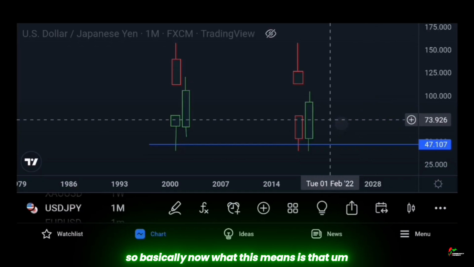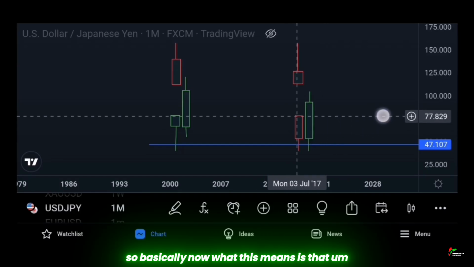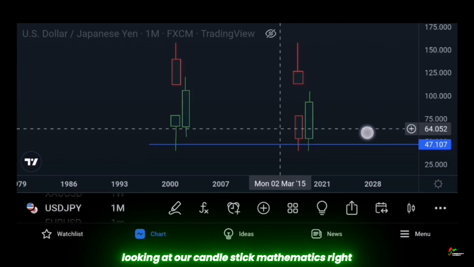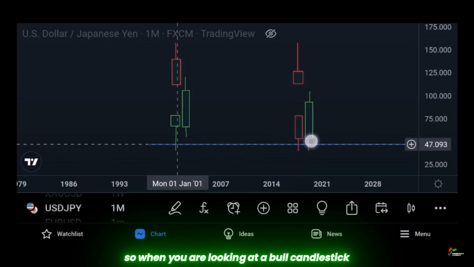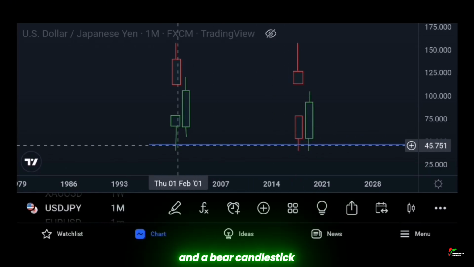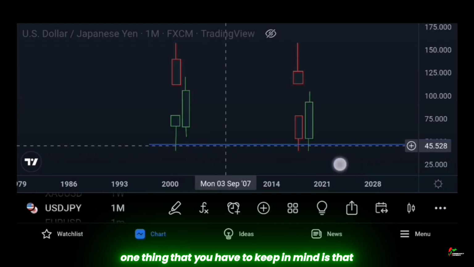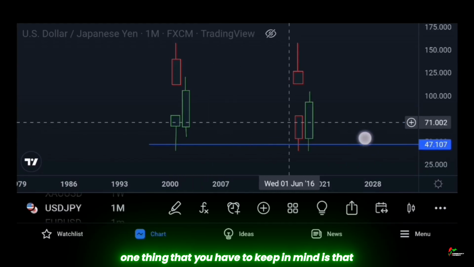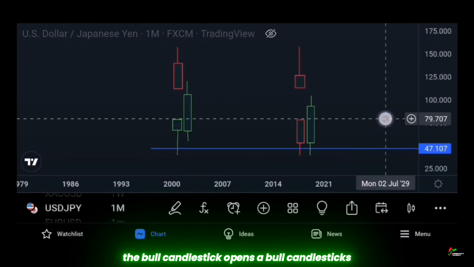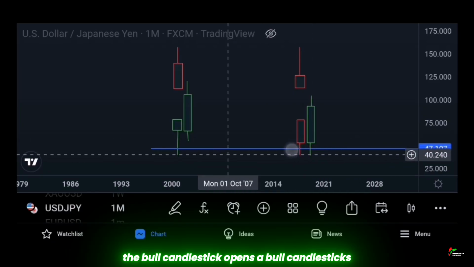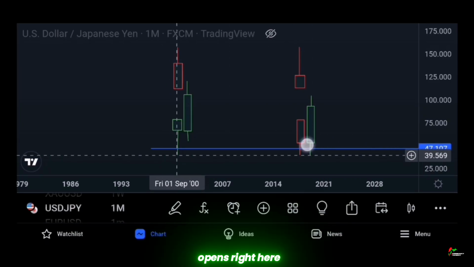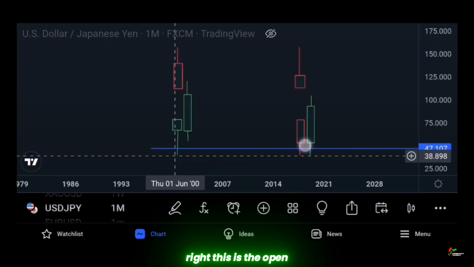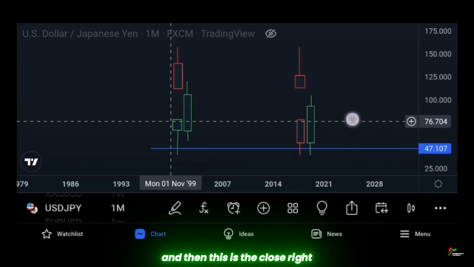Now what this means is, looking at our candlestick mathematics, when you're looking at a bull candlestick and a bear candlestick, one thing you have to keep in mind is that a bull candlestick opens right here. This is the open, and this is the close.